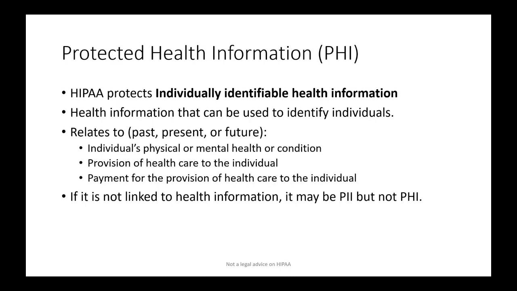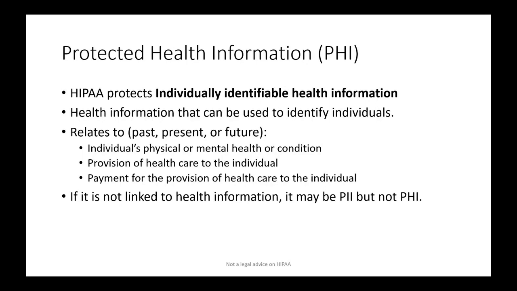Now, one thing to keep in mind is that it's past, present, or future health information. It's not just what has happened in the past or what is happening right now with regard to the person's healthcare, but also the future, in the sense that if you're making any prediction, or let's say you're doing research and you realize that this particular person is likely to have this problem in future, that is covered under PHI. That becomes PHI, and that is covered under HIPAA. So you are not allowed to share that information; you have to follow the HIPAA guidelines for that.